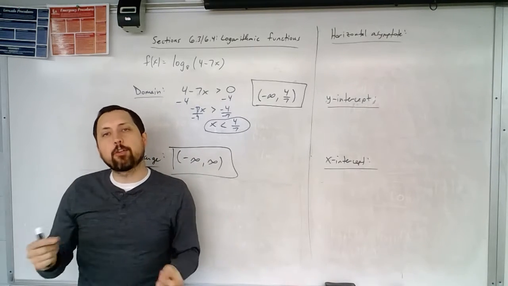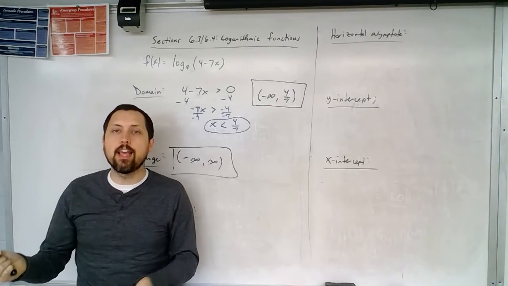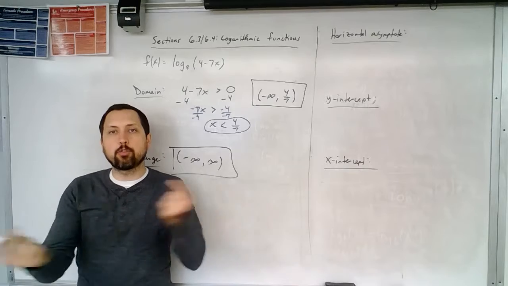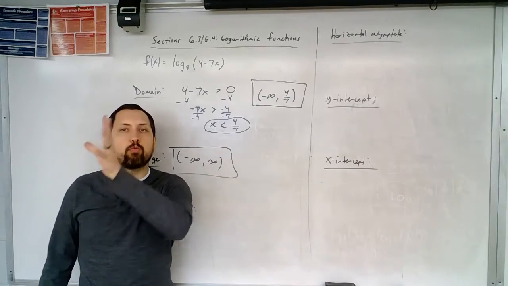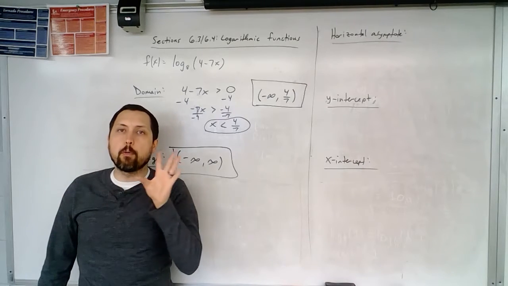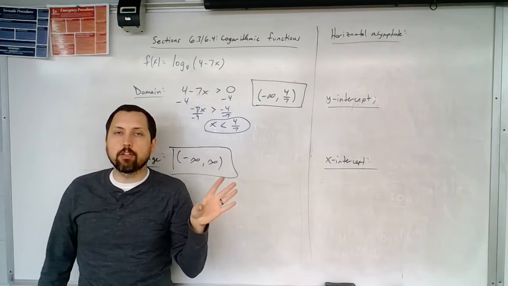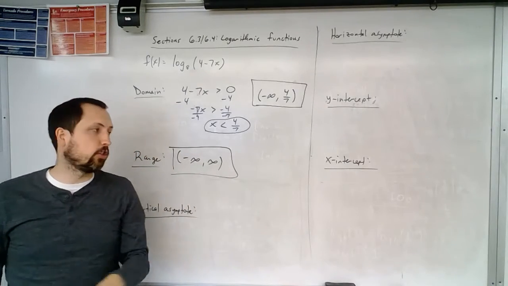Because of the inverse property, the inverse of an exponential function is a logarithmic function, and the domain and the range switch. The domain of an exponential function is the range of a logarithmic function. So if the domain of an exponential function is all real numbers, the range of a logarithmic function is all real numbers.